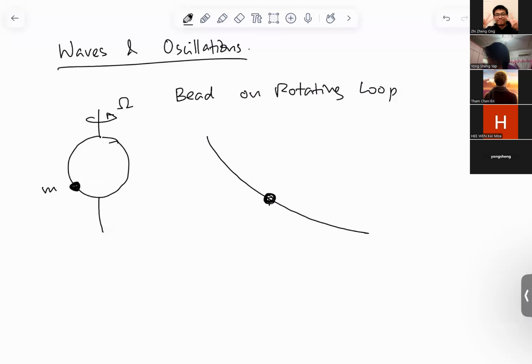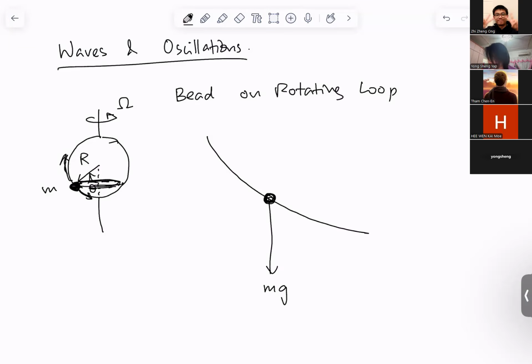So first of all, the bead has a weight mg, and the loop has a radius R. If the bead is at some angle theta over here, then it is rotating around this small circle at the bottom. We're trying to understand how this bead moves along the loop at different thetas.